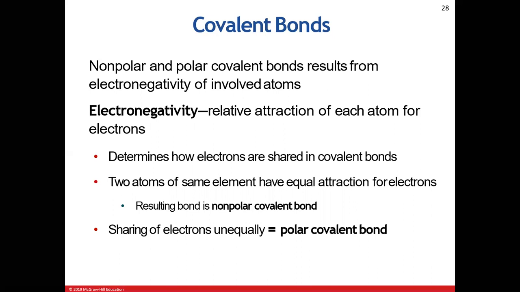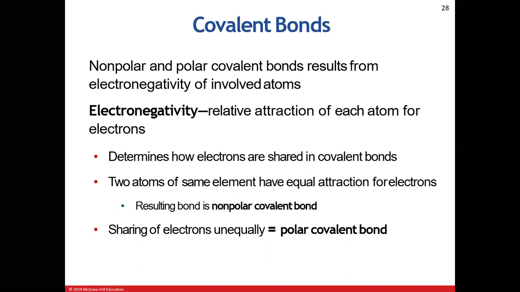So the electronegativity is the relative attraction of each atom for the electrons. And what it does is determine how the electrons are shared in a covalent bond. Remember, I just said that we can have unequal sharing, meaning that the electrons have a tendency to shift or veer more towards a particular atom.